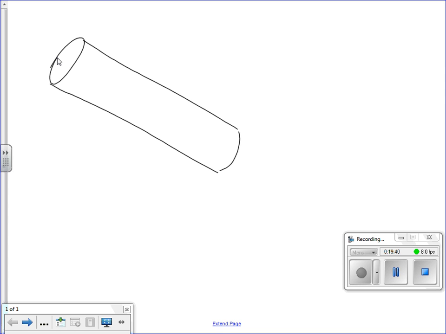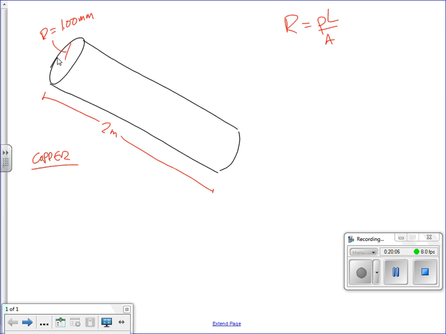And let's say that the radius of the wire is, I don't know, 1 millimeter, and that it's 2 meters long, and it's made of copper. And we want to know what its resistance is. Well, we're going to say that the resistance is what we call rho L over A.